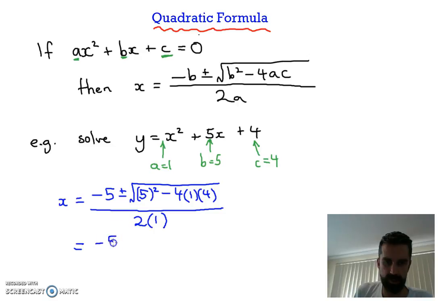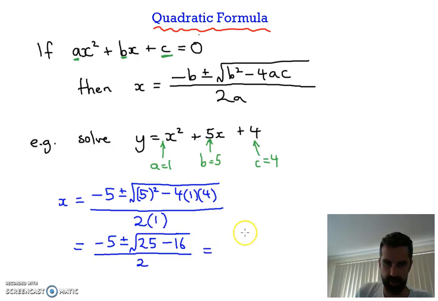Okay, next step, let's just simplify some of this. That's going to be negative 5 plus or minus the square root of 5 squared, which is 25, take 4 times 1 times 4, which is 16, all divided by 2.